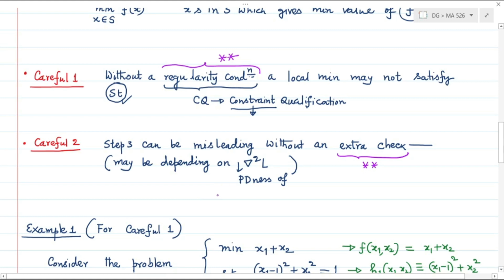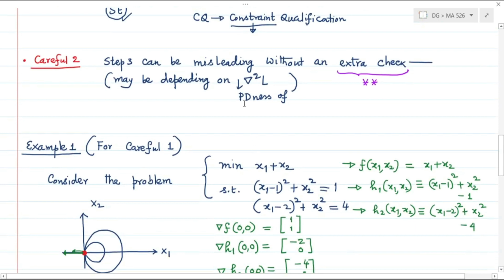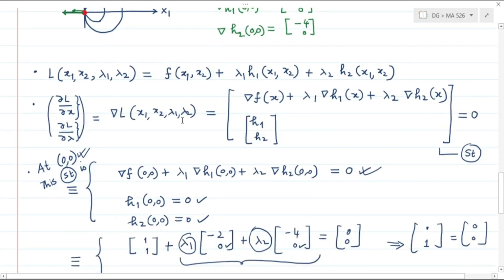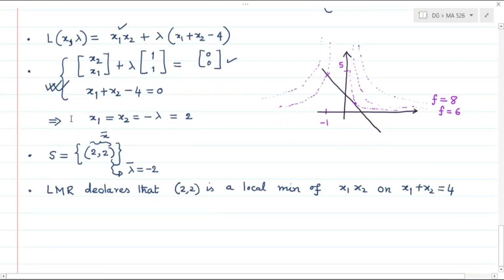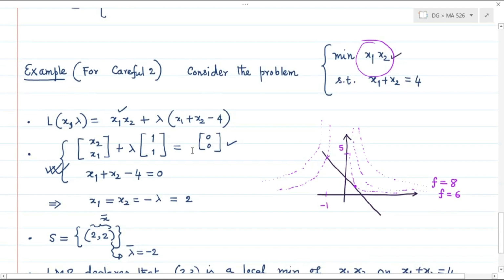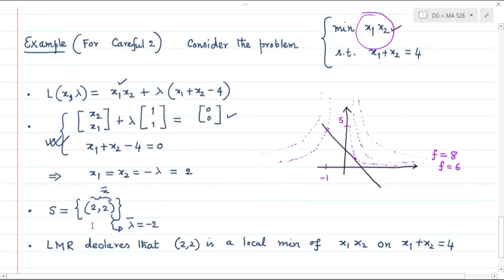For that point x bar you may be tempted to conclude that it is a local minimum, but unless you check the positive definiteness of the Hessian of the Lagrangian function, it might be misleading. That gives you the example here. For careful 2, in this example we did not check any Hessian of the Lagrangian function. Without checking, we just declared that this point (2, 2) is a local minimum.